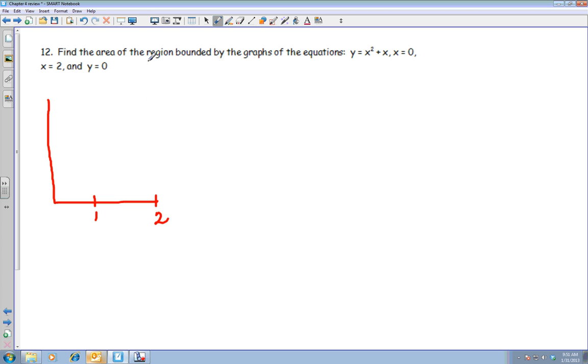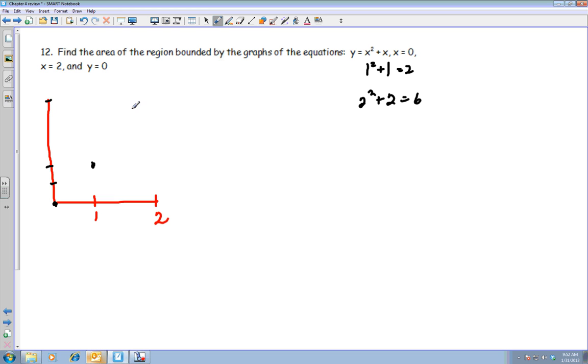So if I want to see what the sketch looks like and it's not a calculator problem, just start plugging points in. At 0, when I plug 0 in here, it is 0. When I plug 1 in, 1 squared plus 1 is 2. And then when I plug 2 in, 2 squared plus 2, that's 4 plus 2, that's going to be 6.